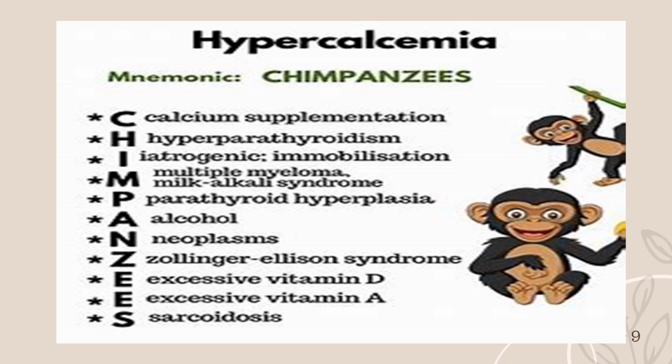Zollinger-Ellison syndrome, which is gastrin secreting tumors or gastrinomas in the pancreas or the duodenum, increases secretion of gastrin, which increases acid secretion and peptic ulcers, and they can also be associated with MEN1, which is a genetic disorder which can include tumours in the body and the endocrine glands. And excessive vitamin D can actually increase calcium absorption.